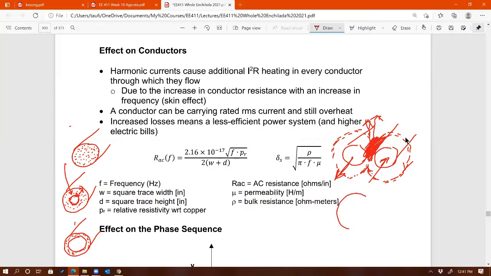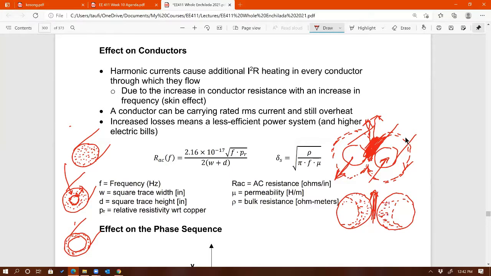If I redraw the two wires again, because the magnetic field is so strong in the middle, electrons are going to be drawn to that side, creating proximity effect, something like that.